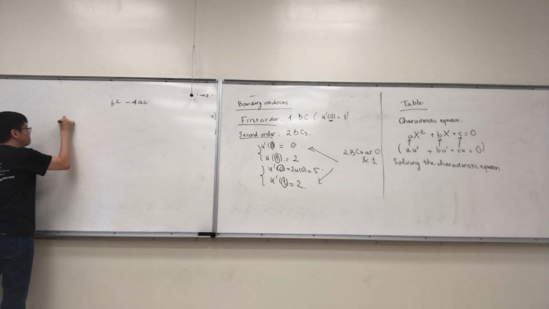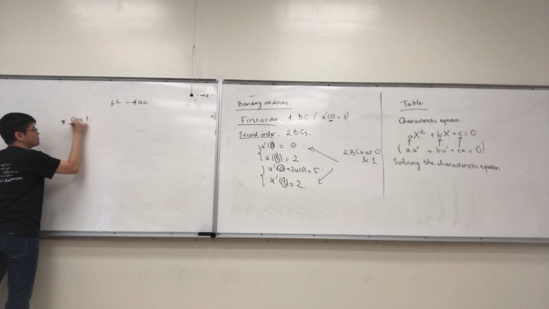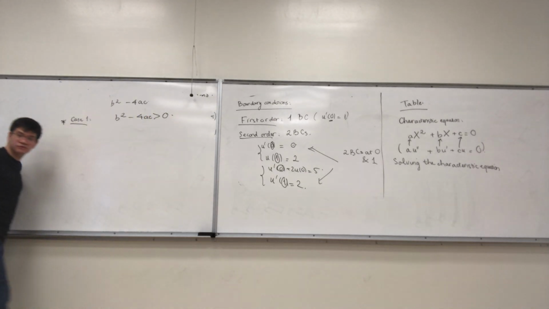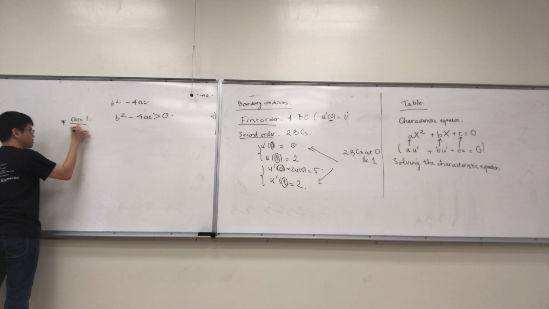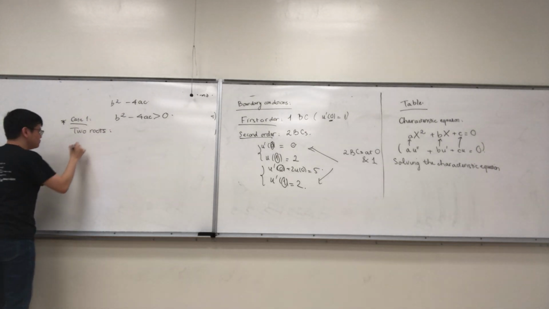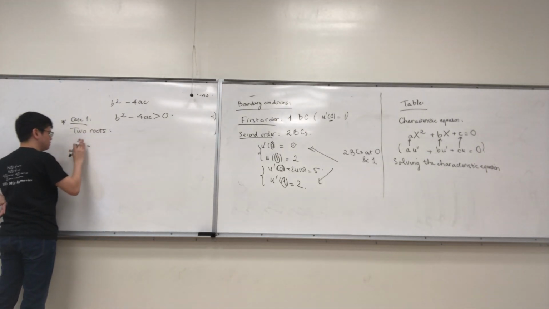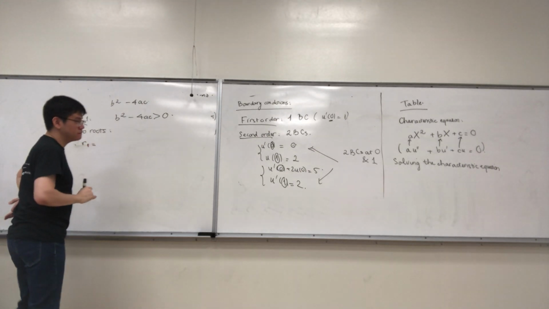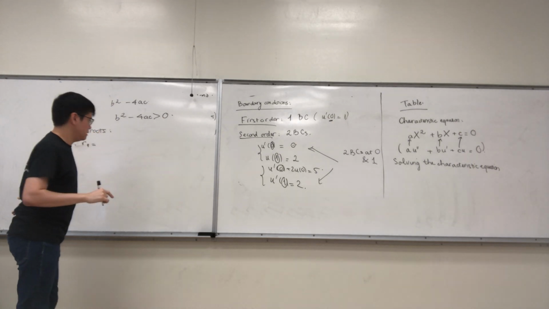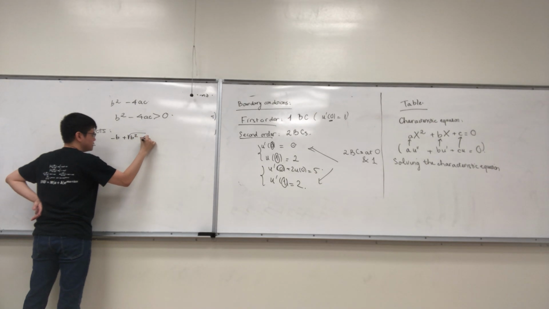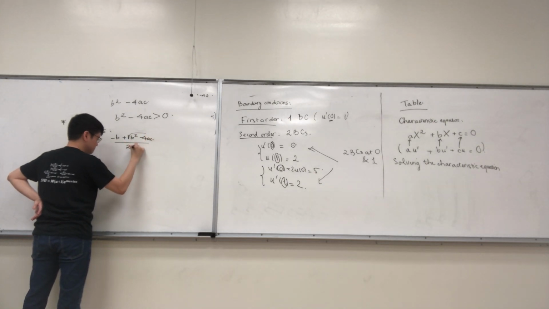Case number 1, b squared minus 4ac is greater than 0. Right? So the characteristic equation has two roots. The first one, I'm going to call r1, will be minus b plus the square root of b squared minus 4ac over 2a.